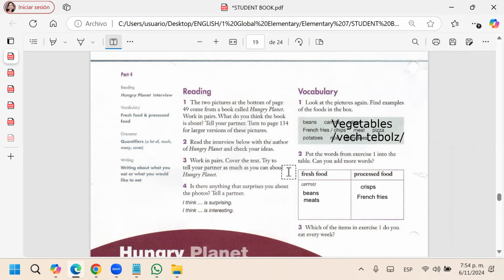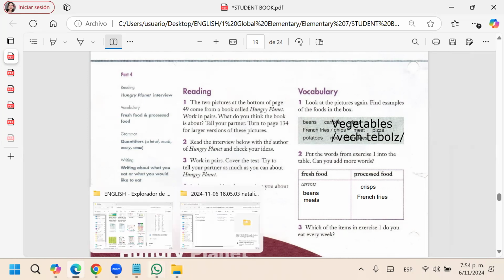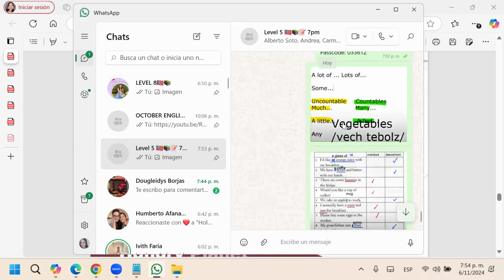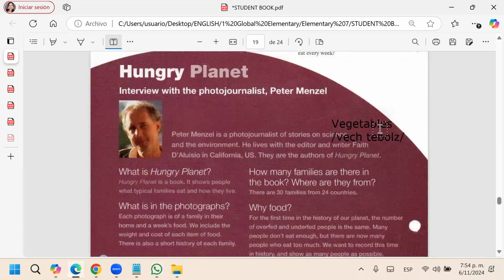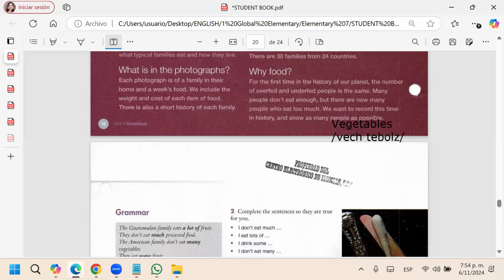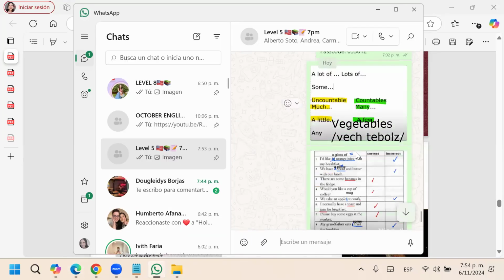Is a few eggs, is a little money, is a few oranges, is many apples. So, countable, uncountable. Esto lo voy a estar repitiendo bastante hasta que lo memoricen. Como siempre les digo, si tienen alguna duda de si es contable o incontable, esta es una buena ayuda.